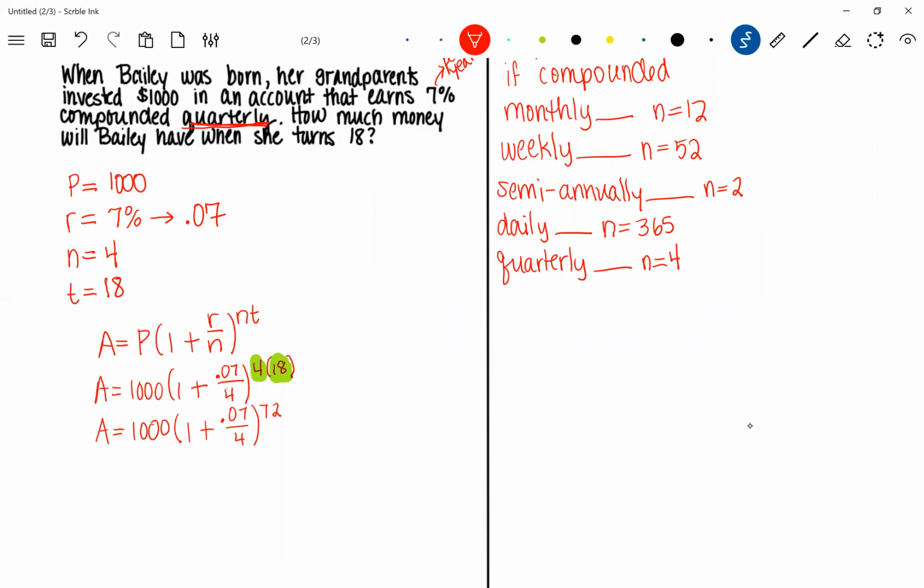And if you round and then round, you're farther away from the dollar amount. So make sure when you enter it on your calculator, you put parentheses around the fraction. You'll do 1,000, open parentheses, 1 plus, open parentheses, 0.07 divided by 4, close, close, raised to the 72. So you guys go ahead and grab a calculator and let's work through it.